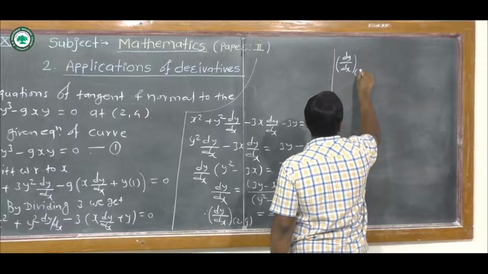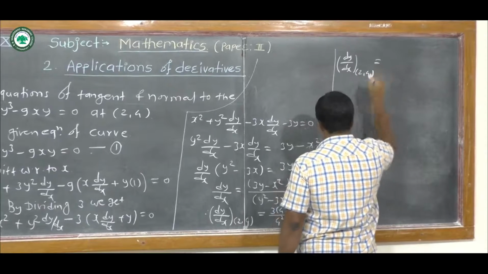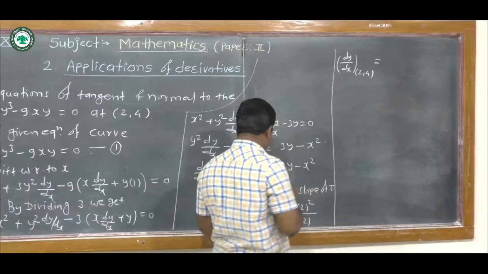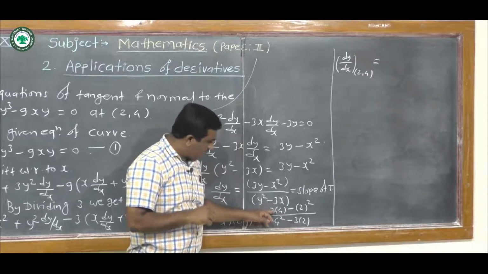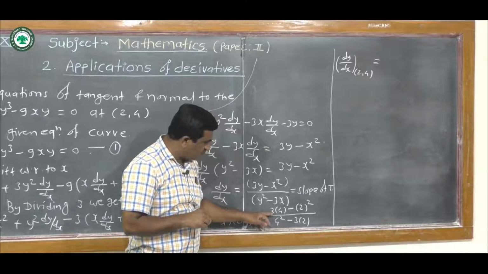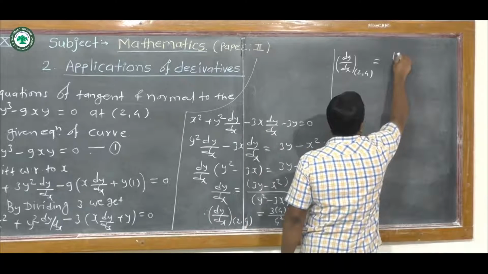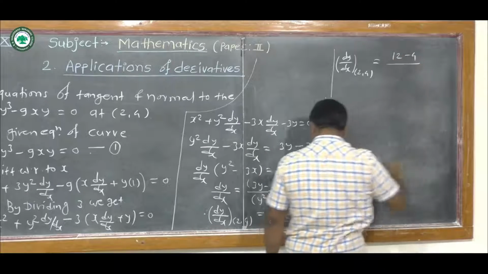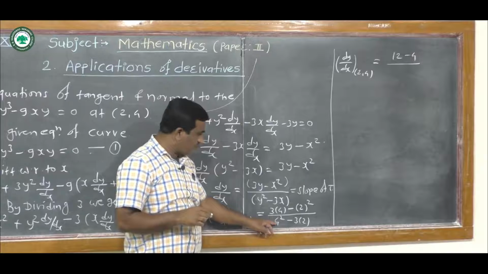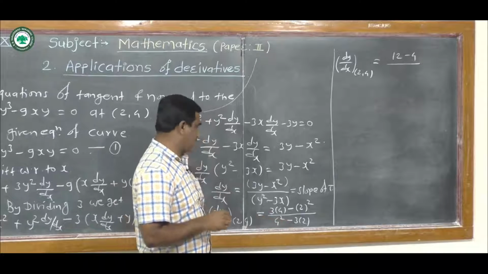That is dy by dx at point (2, 4) is equal to, by simplification, 4 into 3 is 12, 12 minus 4 upon 4 square means 16, 16 minus 6.